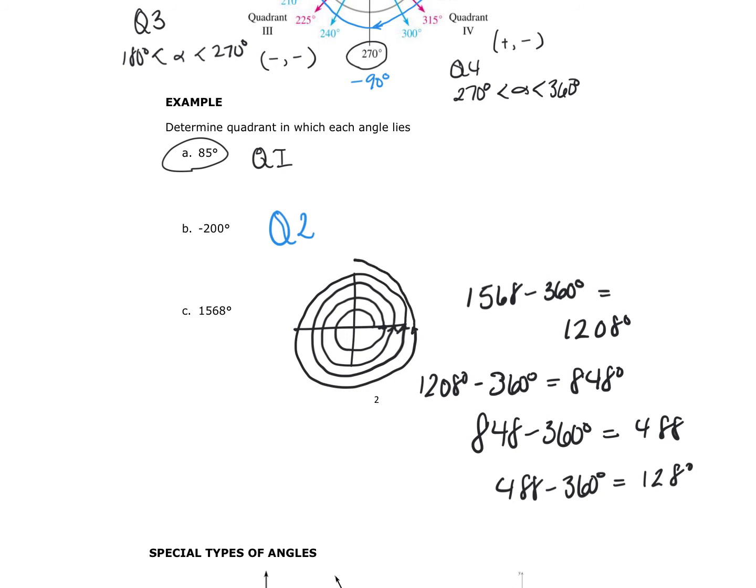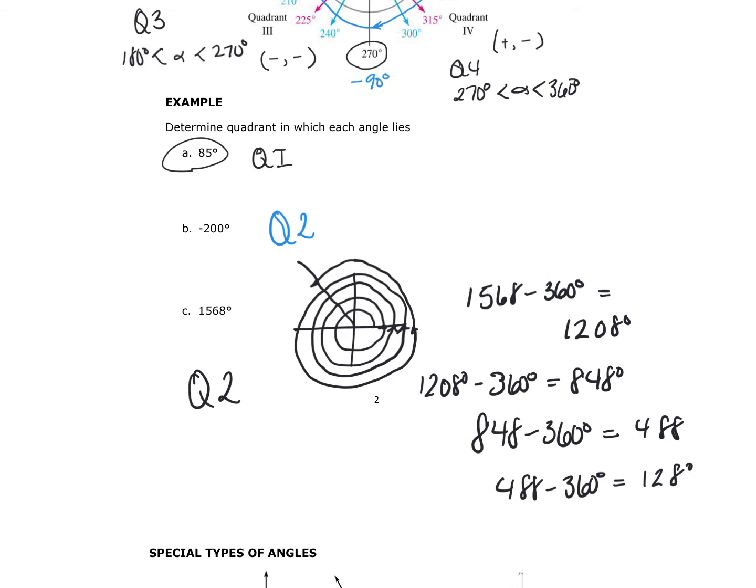This is at the 90, and so it's going to land somewhere in here. So I have done my first rotation, my second rotation, my third rotation, my fourth rotation. I have taken off 4 rotations so I can figure out where I really land. And so I land for this one at 128, which is in quadrant number 2.